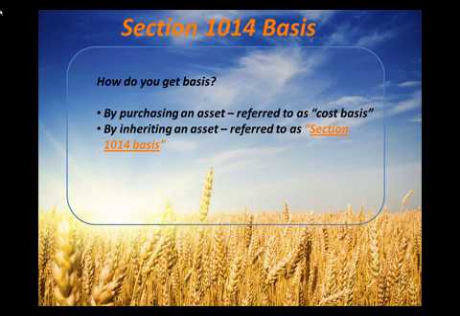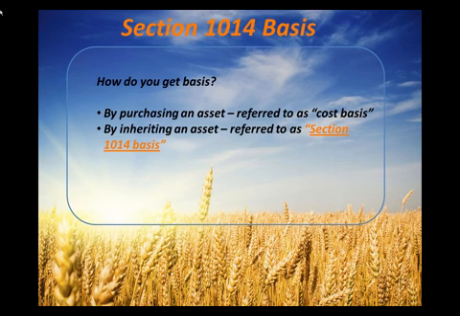How do you get basis? Typically by purchasing an asset, such as a tract of land, and that's referred to as cost basis. It could be a combine or a tractor. The purchase price would be the cost basis. You also get basis by inheriting an asset, and that's referred to as Section 1014 basis.